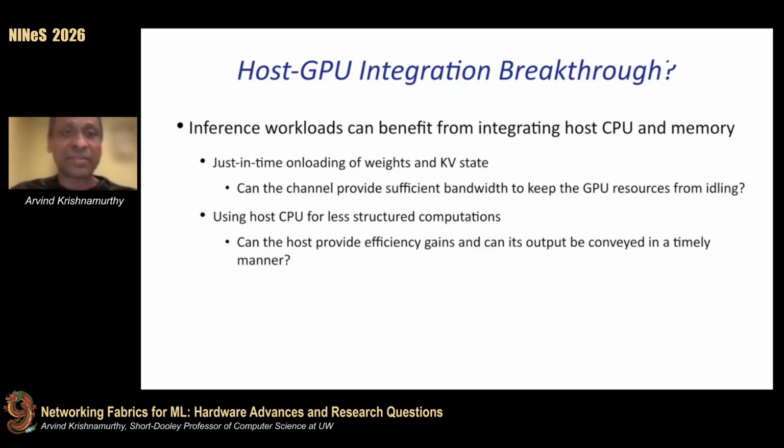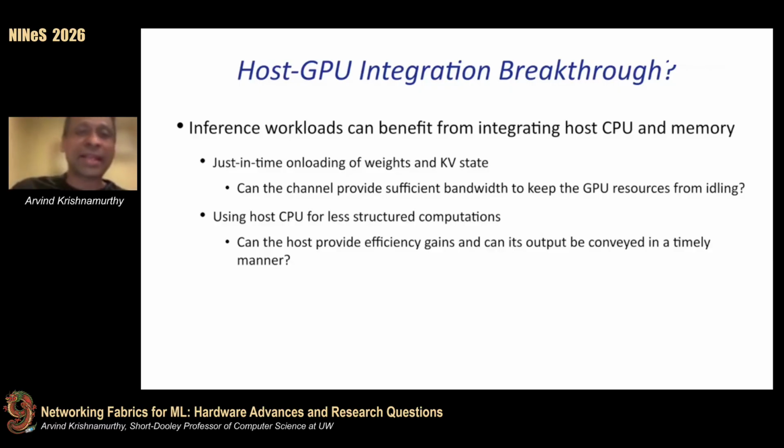We know that this channel is now substantially higher throughput, but the question really is whether it is high enough throughput to keep the GPU busy all the time. A related question is that you have host CPUs which have some computing capabilities and which have access to much larger CPU-side memory.